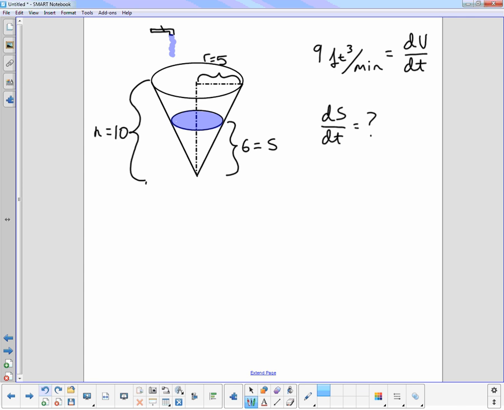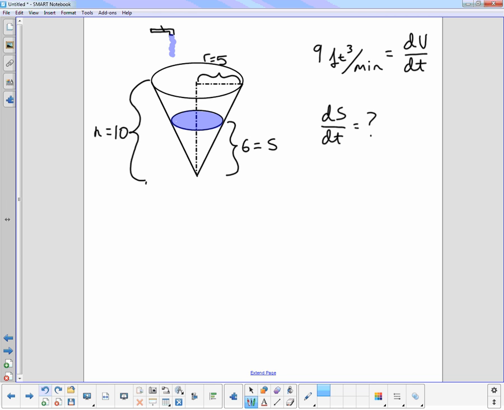So we need a relationship between volume and height. We have to have some radius relationship in there too, because as the height increases, your radius changes, right? As you pour water into this cone, it's going to fill up really fast at the bottom, and it's going to take a long time to fill up at the top, because you're filling up a bigger disk of water.